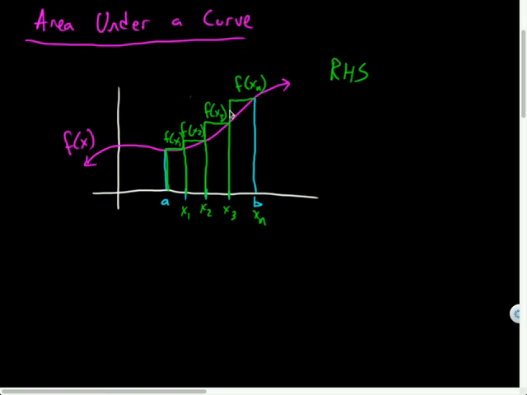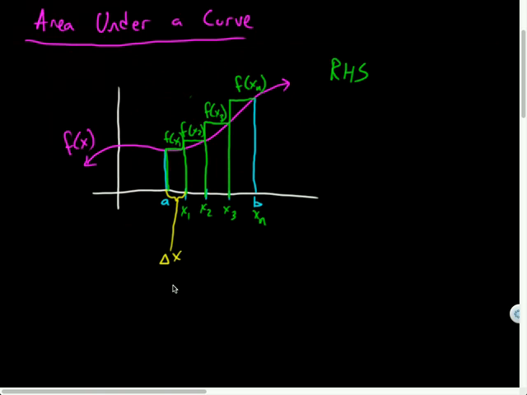The more boxes you have, the more accurate. If I was able to divide this up into more boxes, where the difference between my x values, let me label that maybe with yellow. So suppose this distance is called delta x, the distance between my x values.